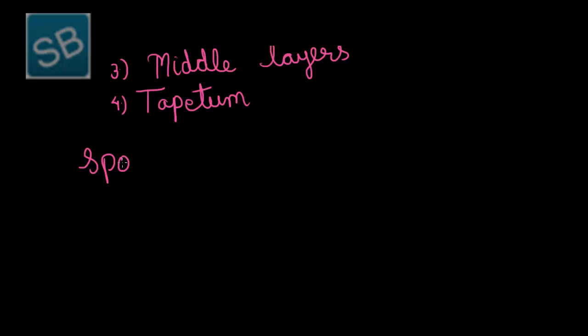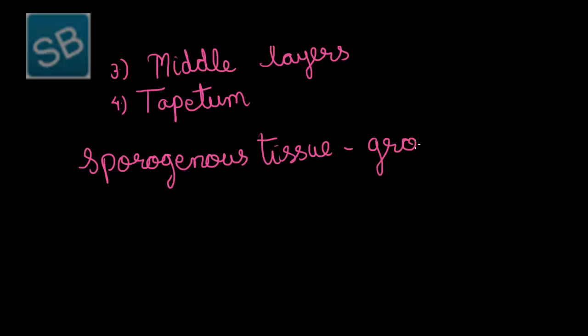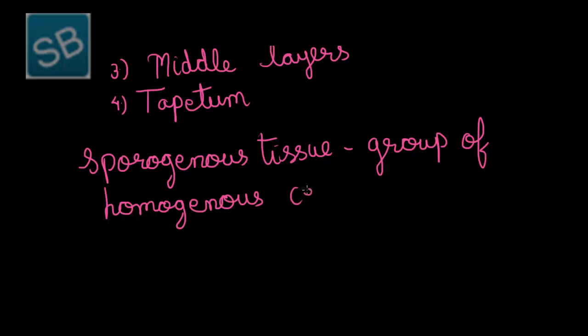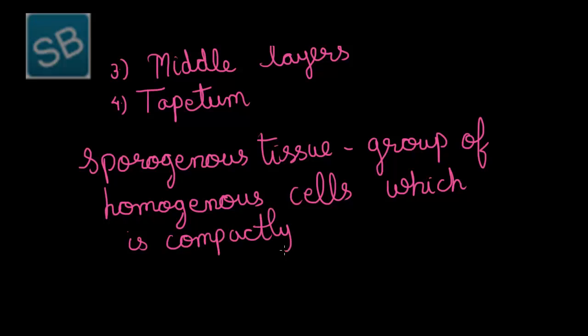Thus, sporogenous tissue occurs in the form of a group of homogeneous cells which is compactly arranged within each microsporangium.